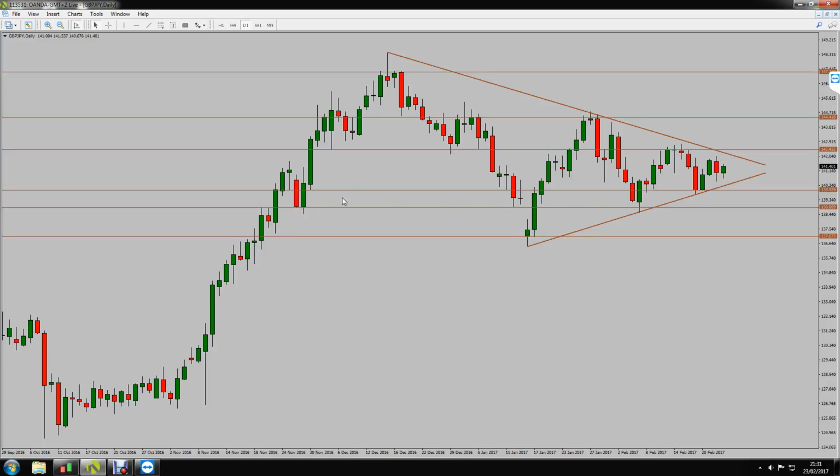Right, but you're saying the final target is at the biggest swing. How do you know that the price will continue to go further?